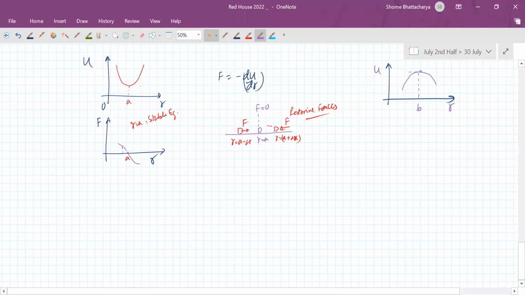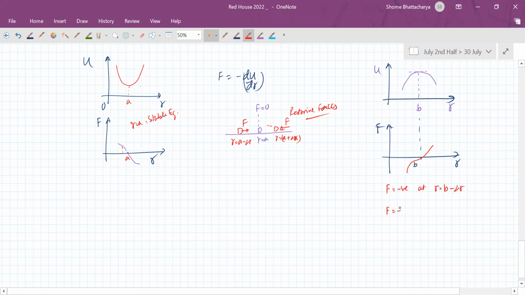then again at that point the slope is zero. But unlike the previous one, when we look at the force, at the point B, the force will be zero. But when I take the graph to the left of B, the slope of this one is positive. So the force is negative. Okay. So you can see that force is negative at R equal to B minus delta.